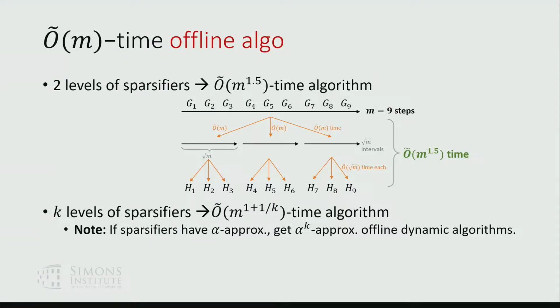If you have k levels instead, you would just divide this thing further into intervals and apply the same idea and adjust the parameter. Instead of root m, you make it balanced. If you have k levels of specifier, you will get a total time of m to the 1 plus 1 over k.